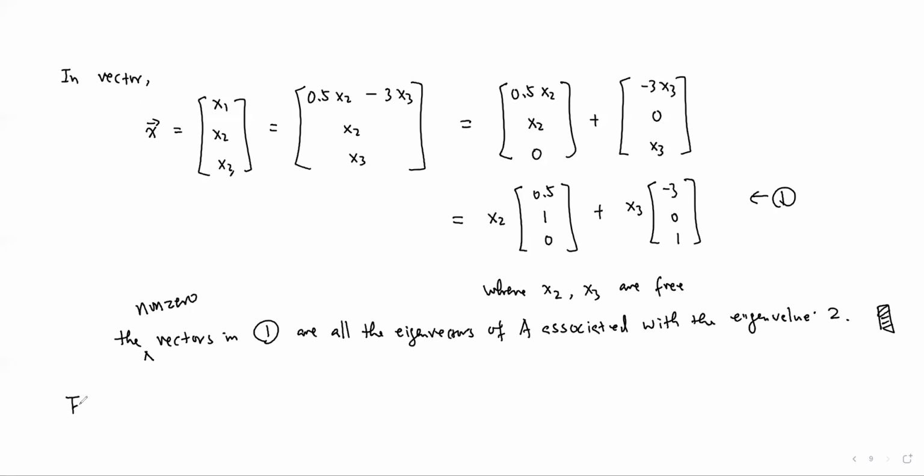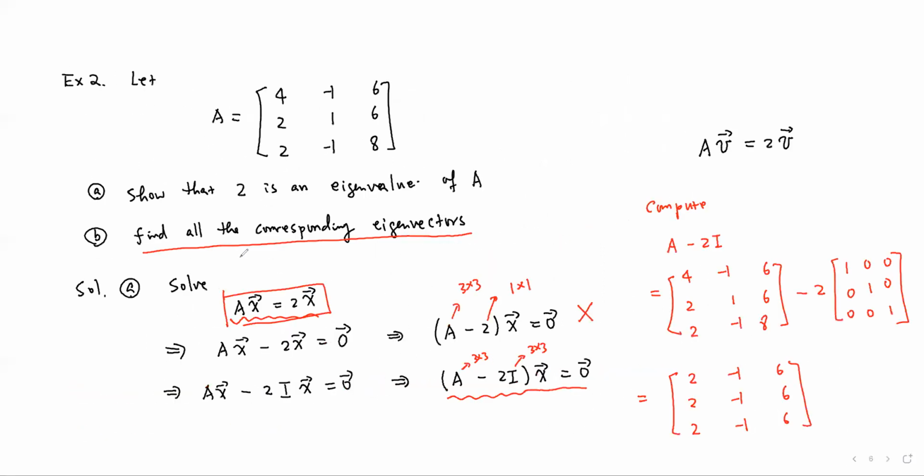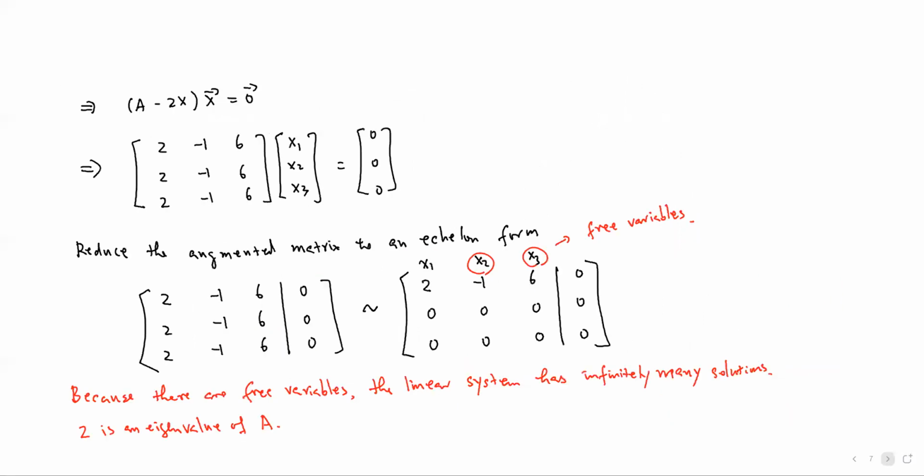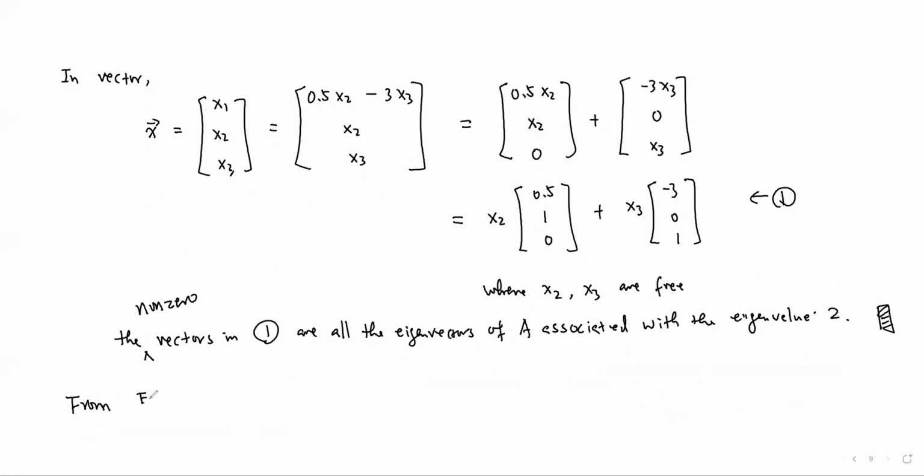Now, from this example, example 2, we can see that an eigenvalue has how many eigenvectors corresponding to it?